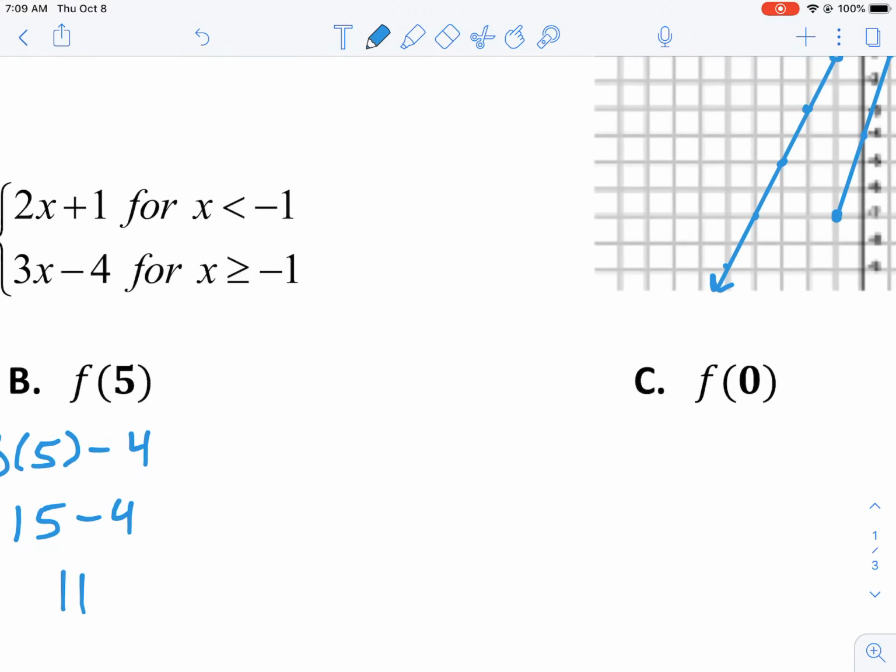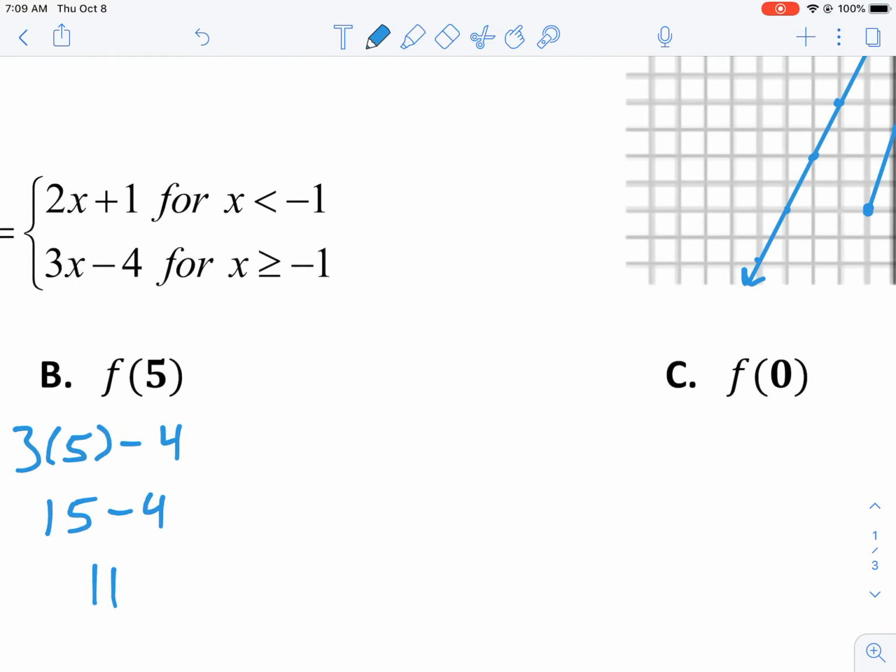C, f of 0. 0 is also greater than -1, so we're going to go into the second function there. So we got 3 times 0 minus 4. 0 minus 4, that's -4.